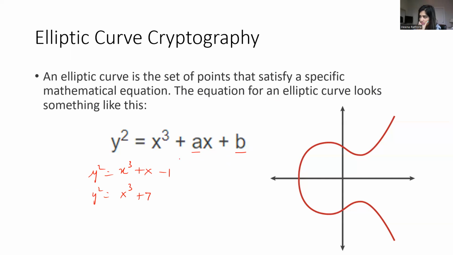The important property of elliptic curve is that it is symmetric along the x-axis. So whatever you see above the x-axis, you will see a similar image below the x-axis. The other thing that you see in elliptic curve is that if you draw a line on this curve, it will always touch 3 points on the curve.